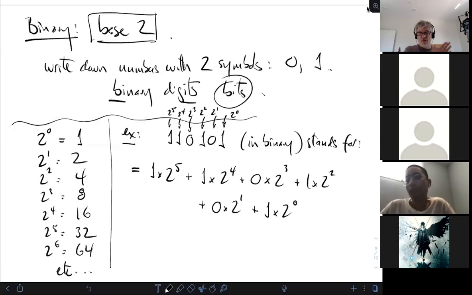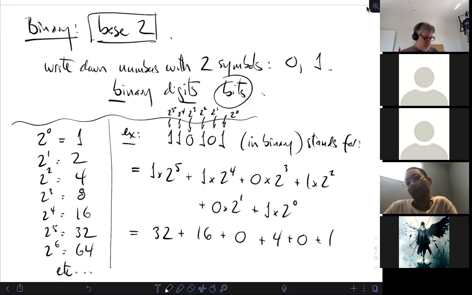The position tells you the power of the 2, which is the base, and you have a 0 or 1 that tells you how many of these you have. Let's keep going to know what this number is in decimal, our natural system. That's 32 plus 16 plus 0 plus 4 plus 0 plus 1, which is 48, 52, 53. Yes, 53 in decimal.